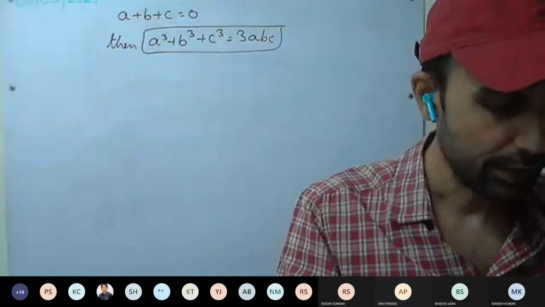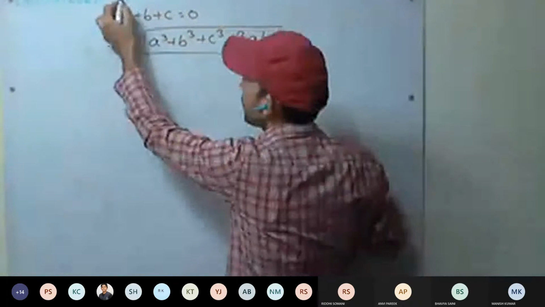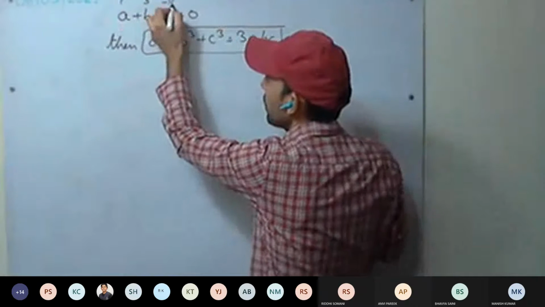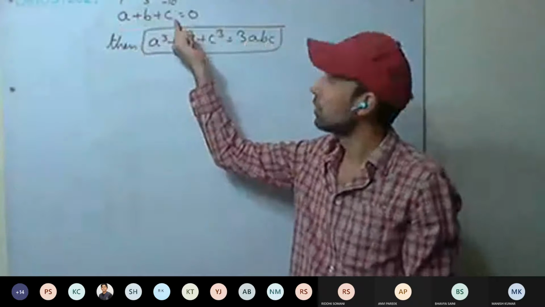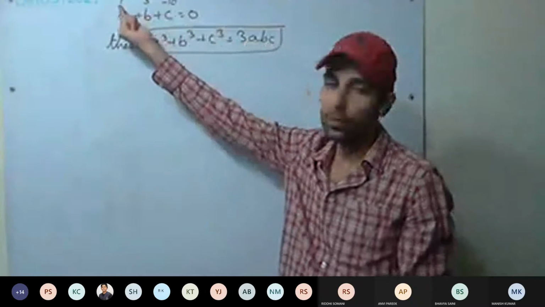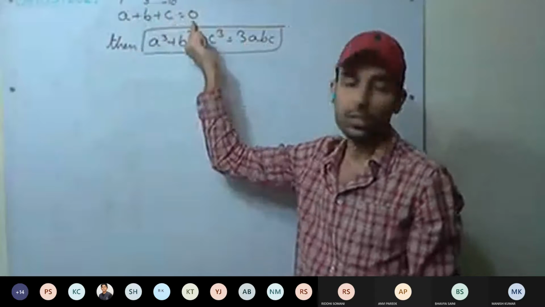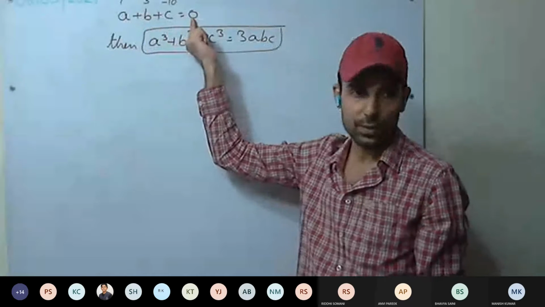For example, you are given A value 7, B value 3, C value -10. Is this condition satisfied for these values? When A equal to 7, B equal to 3, C equal to -10, is this condition satisfied? Yes. 7 plus 3 minus 10 equal to 0.